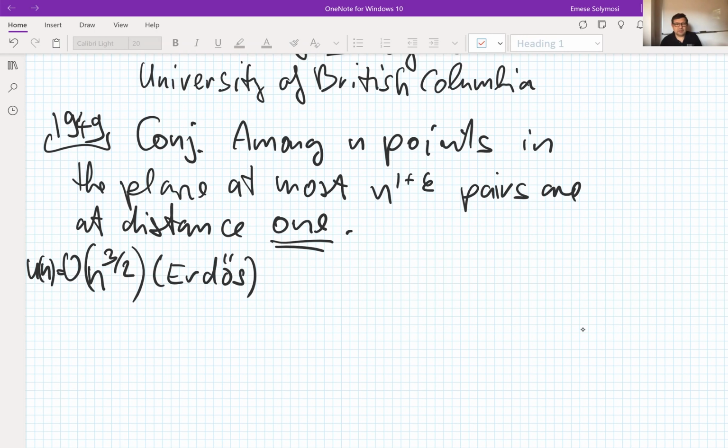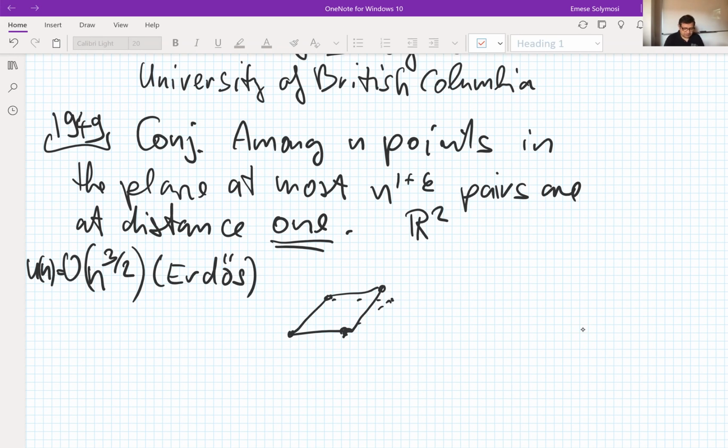This is the maximum number of unit distances among n points, and we are in the plane, so it's R2 at this moment. And the proof is very simple. If you have a cherry, 2 points at distance 1, then maybe you have one more, but there is no way to have one more. So out of any pair, you don't have more than one. So if you do the counting, it's just basic graph theory, then you have n to the 3/2.